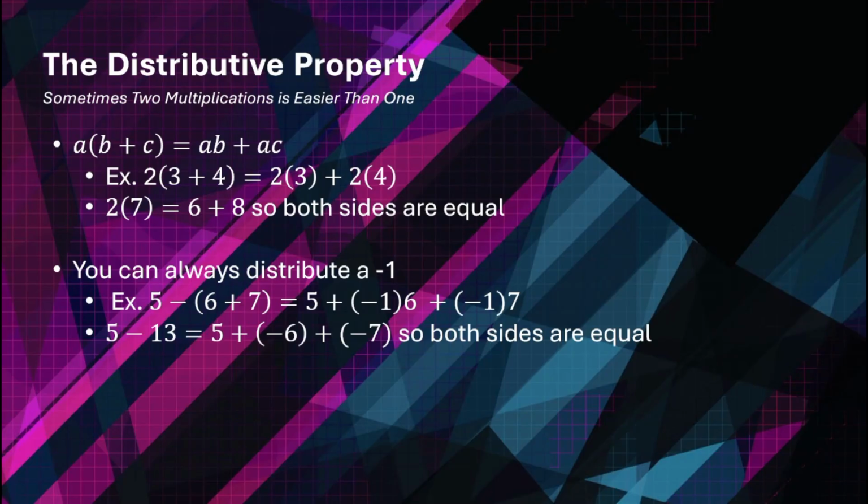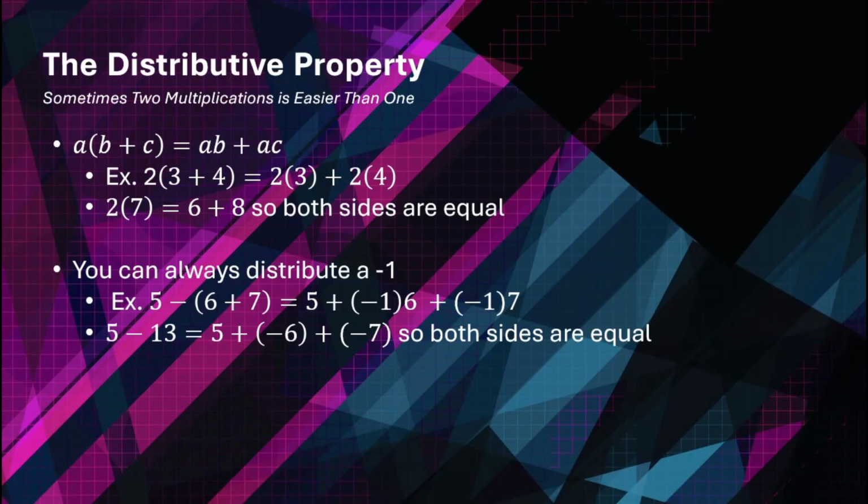But think about what happens if you have much larger numbers. So let's say you have 12 times the quantity 12 plus 10. If we were to do the left-hand side, it would be 12 times 22.